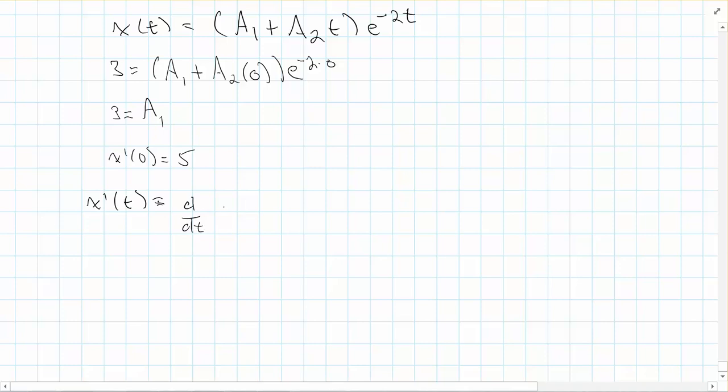So it's the derivative of the first times the second plus the first times the derivative of the second.